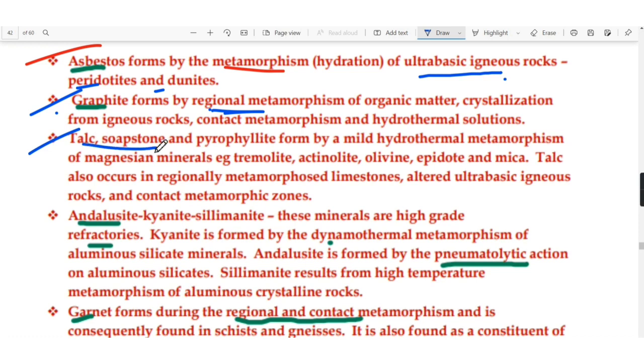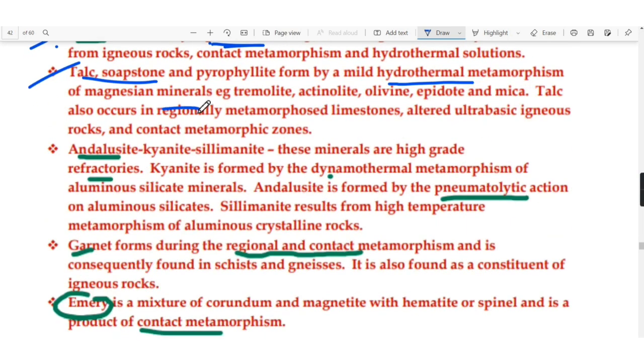Talc, soapstone and pyrophyllite form by mild hydrothermal metamorphism of magnesium minerals like tremolite and actinolite. Andalusite, kyanite and sillimanite are high grade refractories.